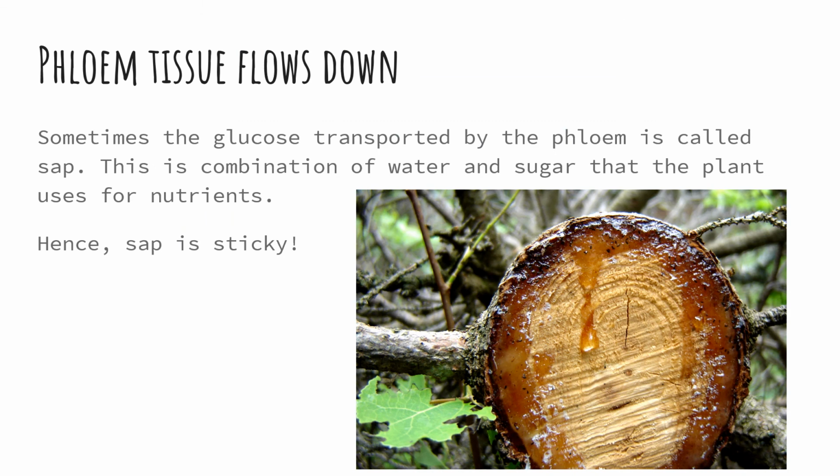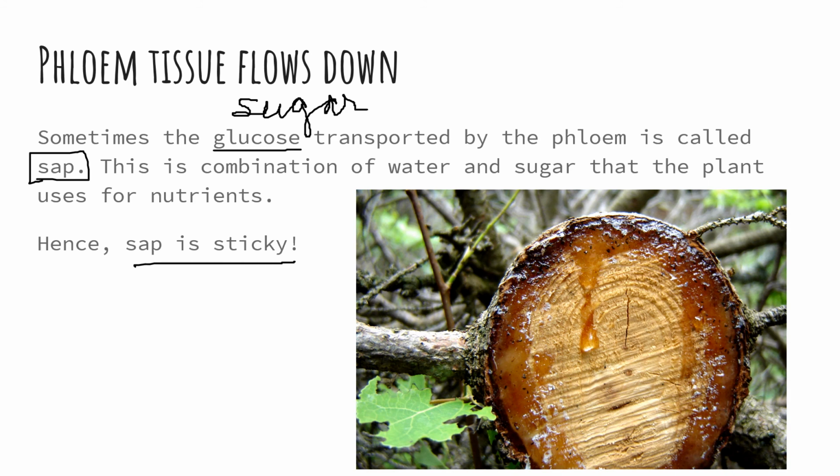Now, sometimes the glucose, which, hint hint, we know is a form of sugar, that is transported by the phloem back down is called sap. Okay, I'm almost positive you've heard this word before. This is the combination of water and sugar that the plant uses for nutrients, and that is why sap is sticky.